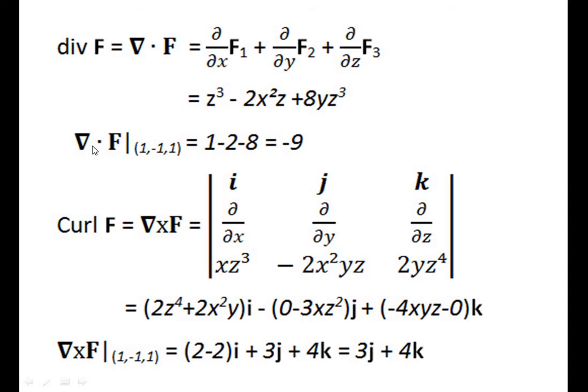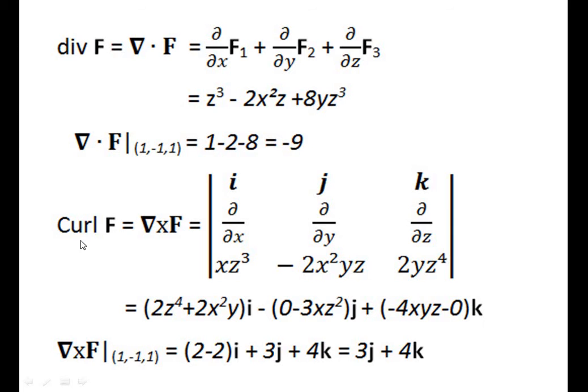We want the value of divergence of f at the point 1, minus 1, 1. Substituting 1, minus 1, 1 for x, y, z respectively, we get 1 minus 2 minus 8, and after calculation we get minus 9. That is, the divergence of that vector function at the point 1, minus 1, 1 equal to minus 9.